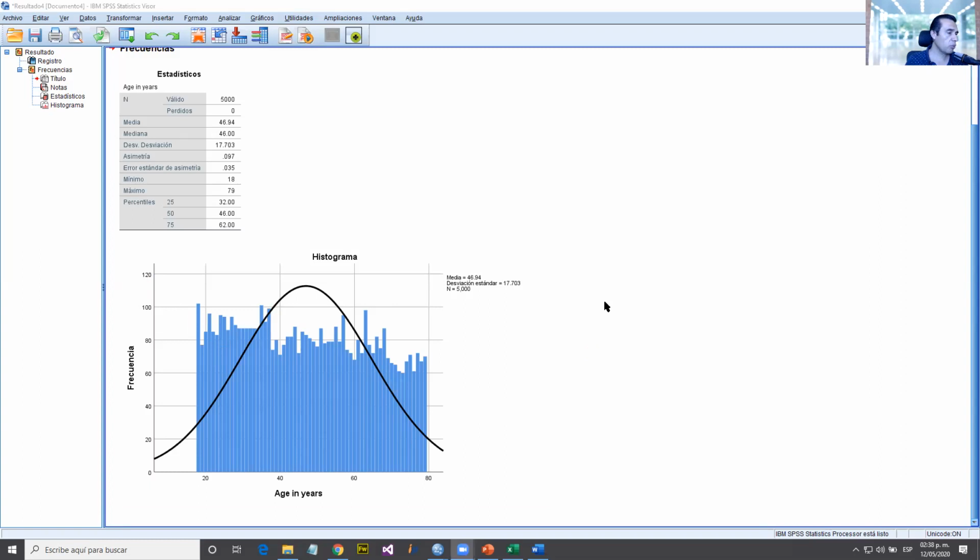Okay, someone else. What can you tell me about this variable? That the minimum age starts at 18, which means that all of them are adults. We don't have any children. Yes. And that the maximum age is before 80.